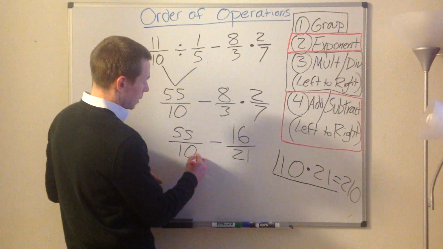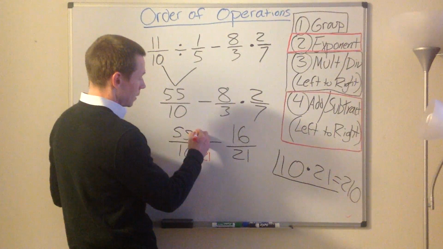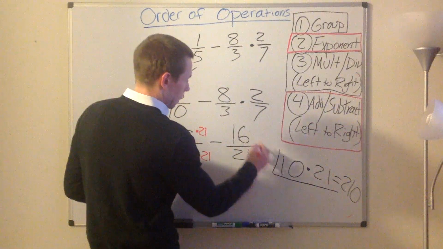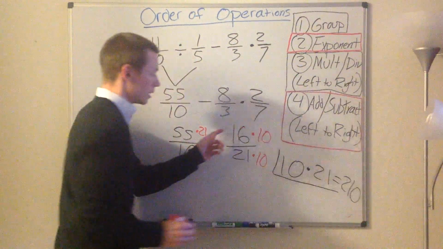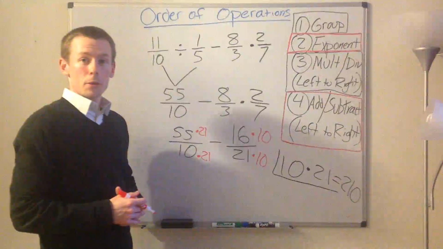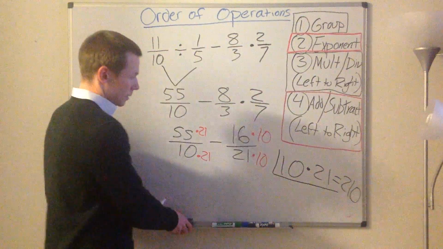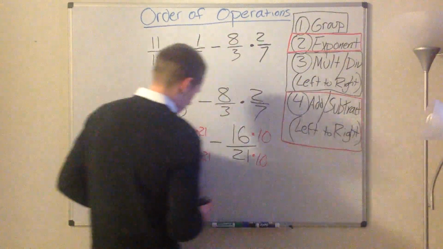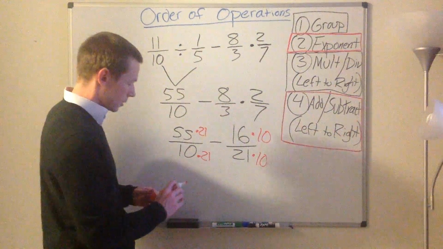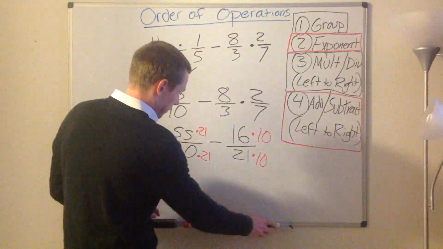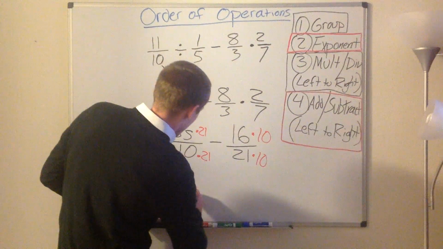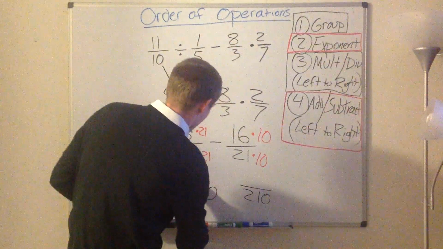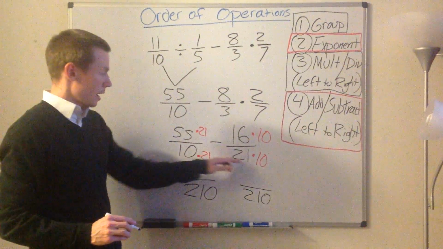So we need to convert both of these denominators to 210. So I'm going to multiply the 10 by 21 and do the same thing to the numerator. And on 16/21, I'm going to multiply both the numerator and denominator by 10. Okay, so that now gets me 210 as the denominator for both.